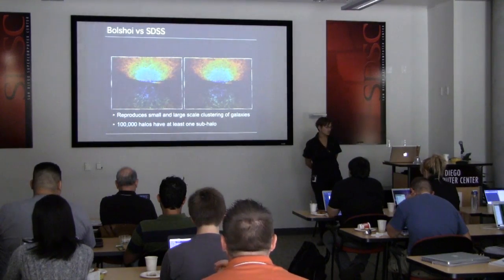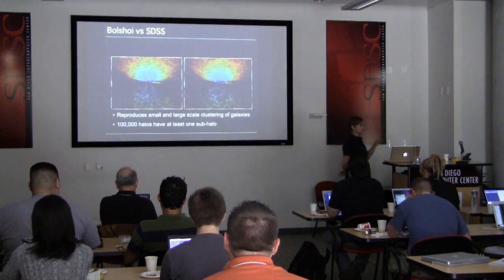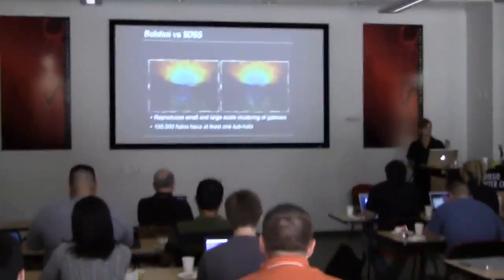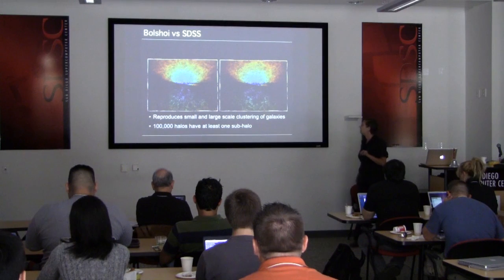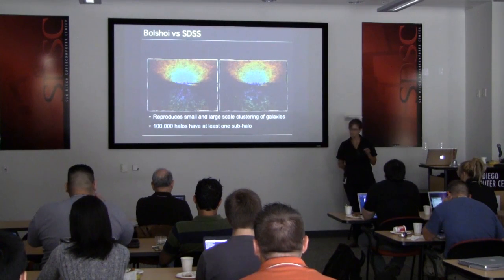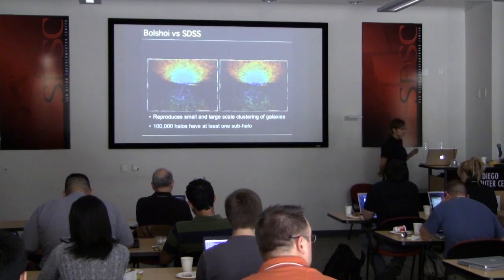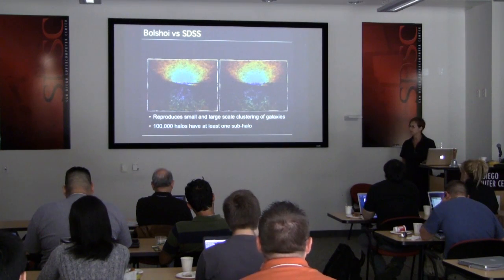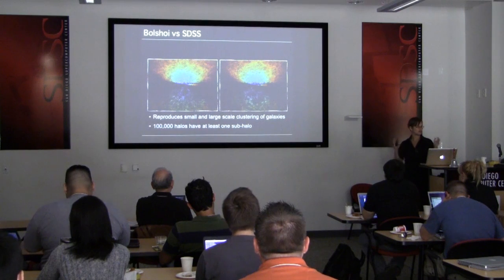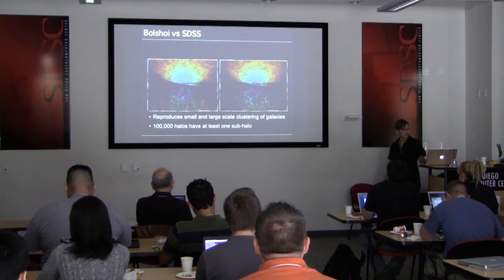Now I'm going to look at much smaller objects in this simulation, the satellites of Milky Way-like halos. In this simulation, about 100,000 halos have at least one subhalo, irrespective of mass.